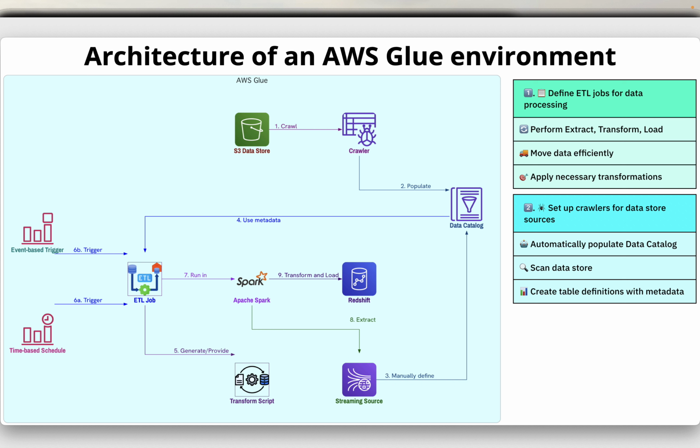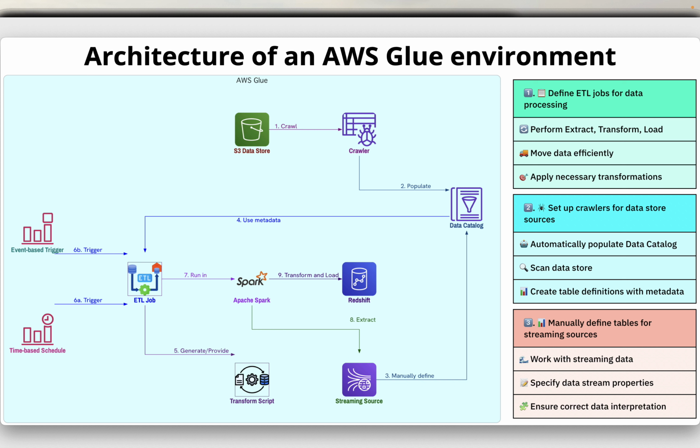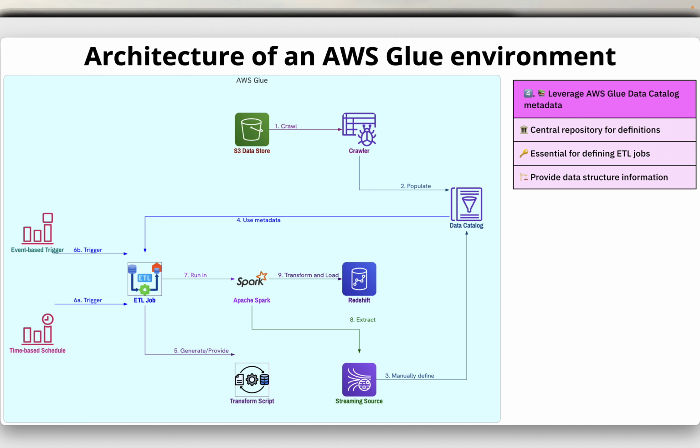This process involves specifying the properties of the data stream, such as its format and schema, ensuring AWS Glue can correctly interpret and process the incoming data. AWS Glue Data Catalog is a central repository containing table definitions and other essential metadata required for defining ETL jobs.